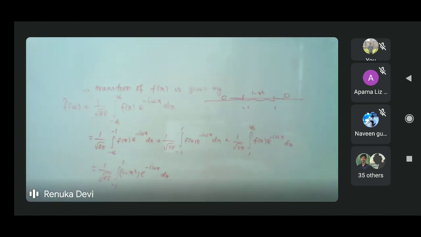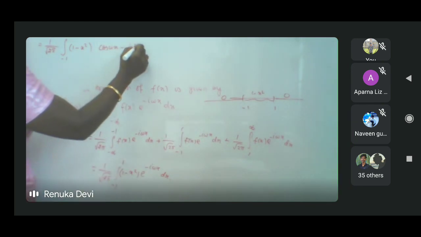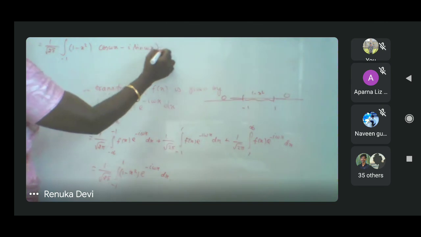So what is this? This will give you 1 by root 2 pi integral from minus 1 to plus 1 of (1 minus x squared). By De Moivre's theorem this will be (cos wx minus i sin wx) dx.